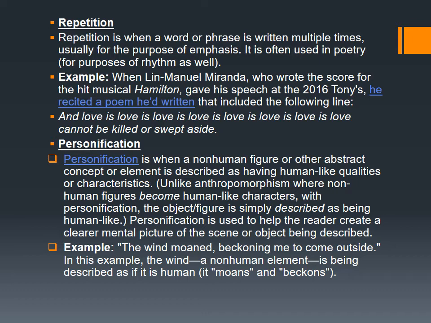So if you want to emphasize something effectively, interestingly, or more thoroughly, you can use repetition. And to drag the attention of the reader, you can use repetition as well. Often you can use this in poetry for purposes of rhythm as well.